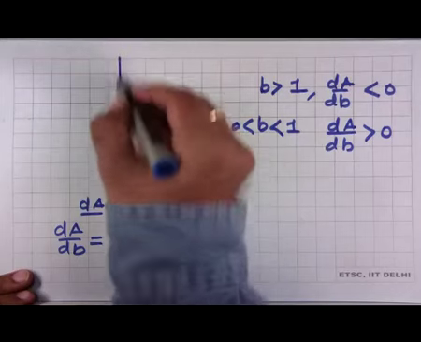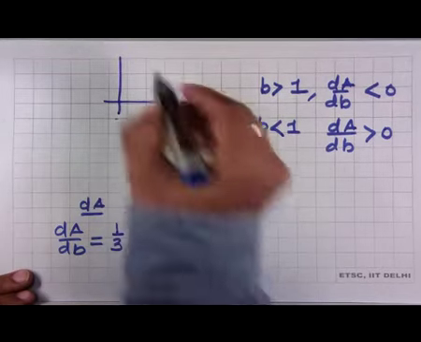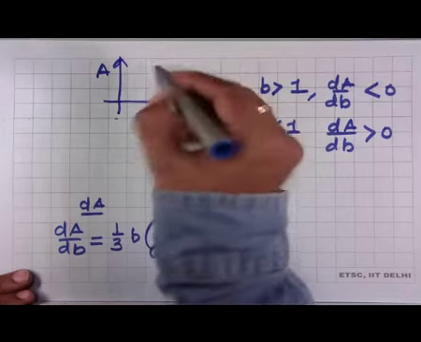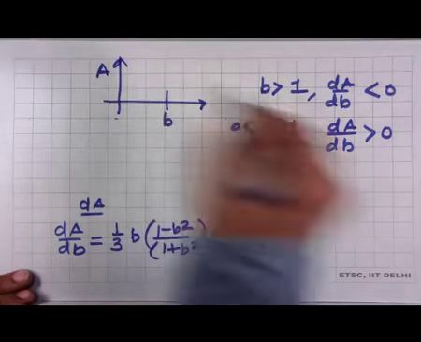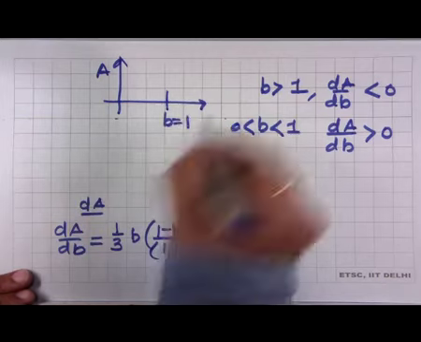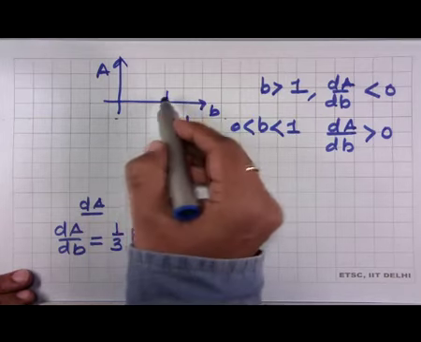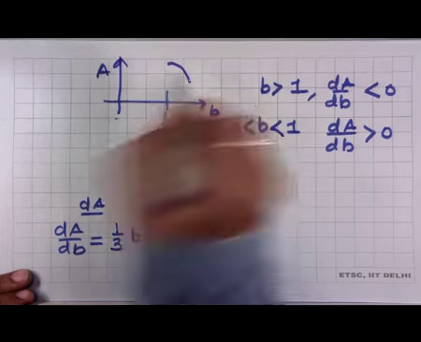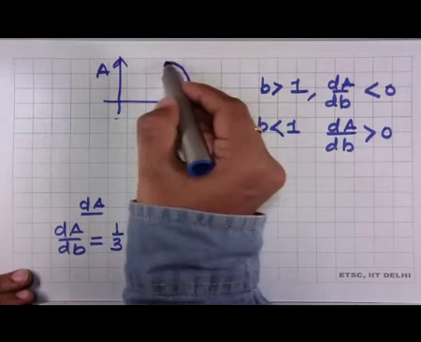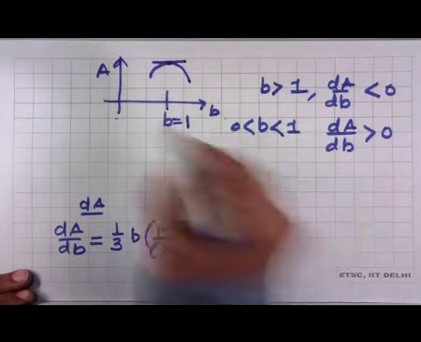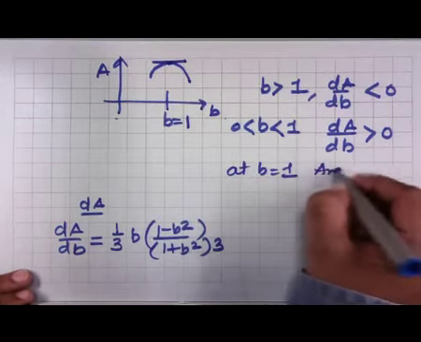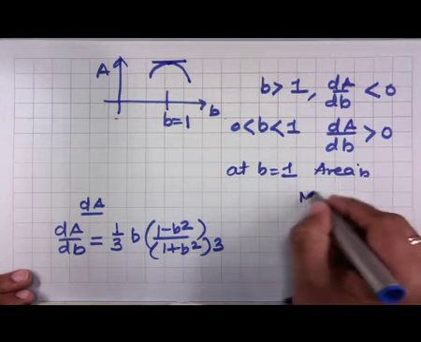So if you plot the area around b equals 1, this is b. When b is greater than 1, dA by dB is less than 0, so this is decreasing, and when b is less than 1, it is increasing. So at b equals 1, area is maximum.